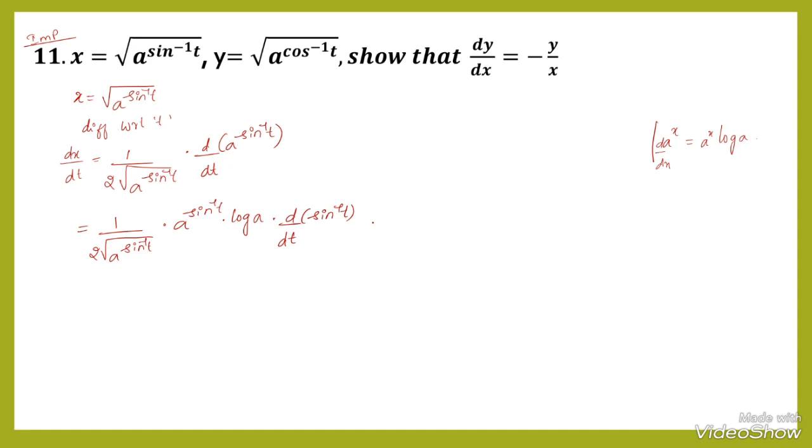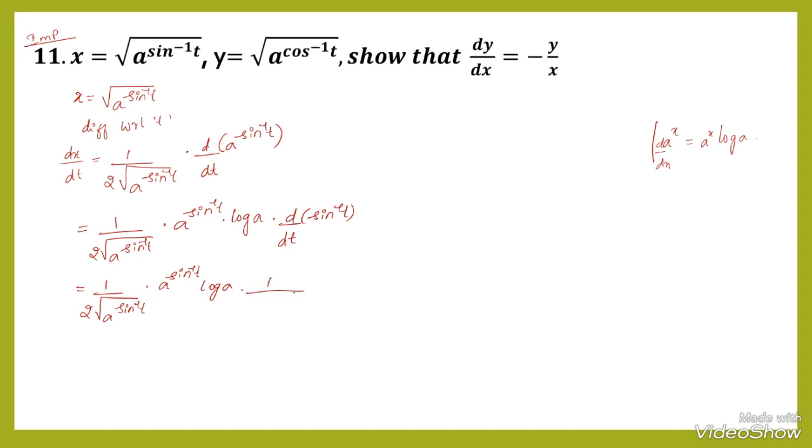Then it becomes 1 by 2 into root of a to the power sine inverse of t into a to the power sine inverse of t log a, into the differentiation of sine inverse of t. What is the differentiation of sine inverse of t?